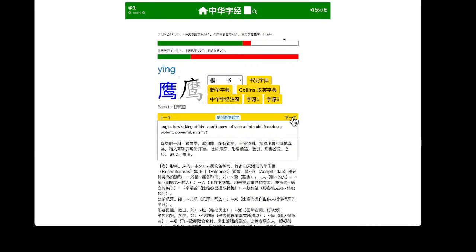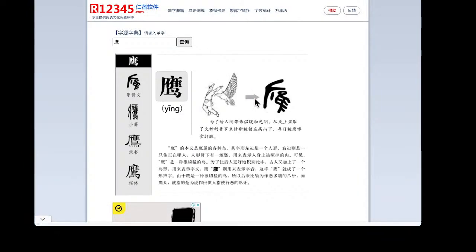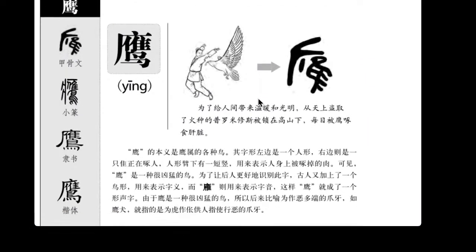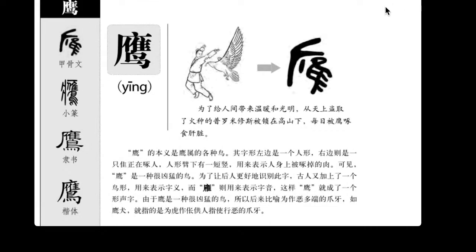And for assigning animals to traits of character, you'd say valor, intrepid, ferocious, violent, powerful, and mighty, because these are all traits that we ascribe to birds of prey. If you look at this character, its etymology is pretty violent. This poor guy's had a chunk of his arm bitten off by this big bird.